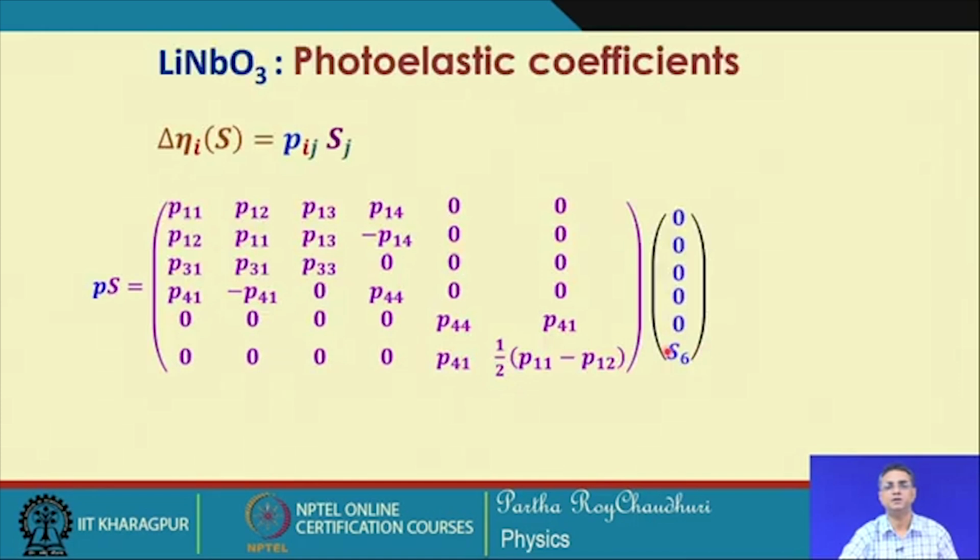So, it will occupy this position. This is again in the compressed notation. Therefore, this 3 by 3 matrix has become a column vector, and this S will be multiplied and will give only this column to be non-zero. So, these two quantities will appear to be non-zero.